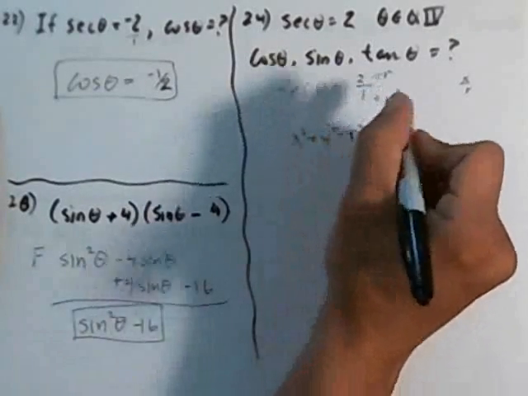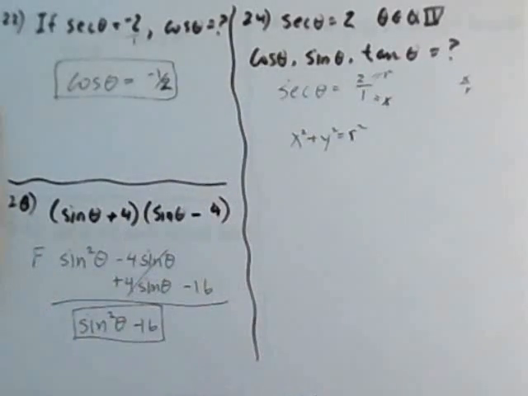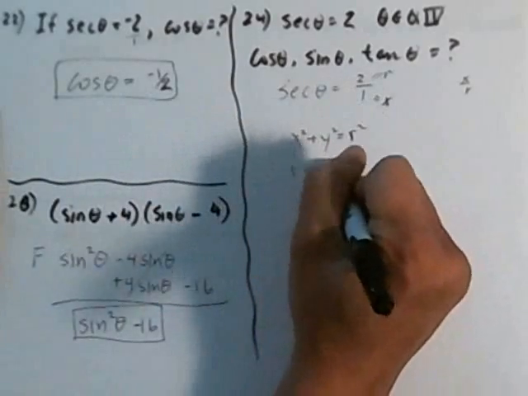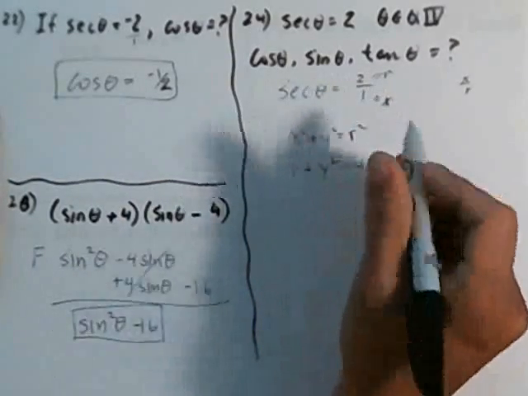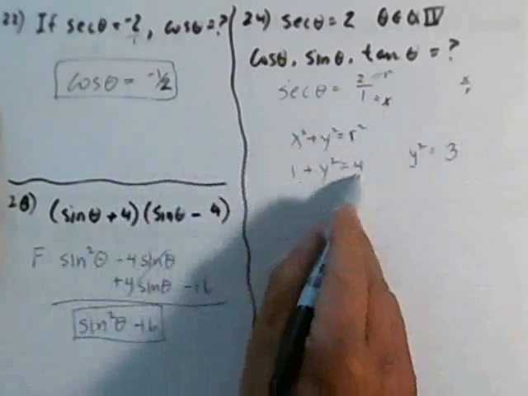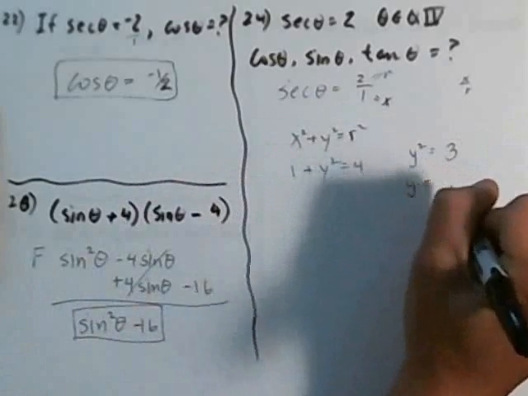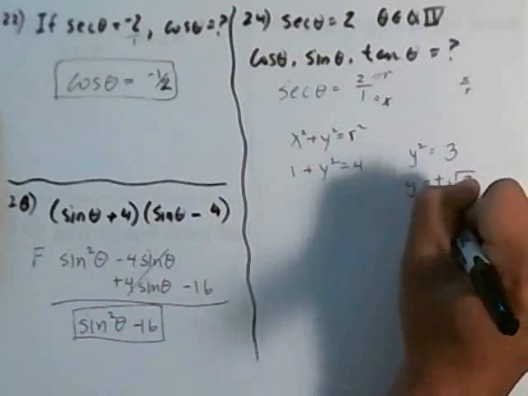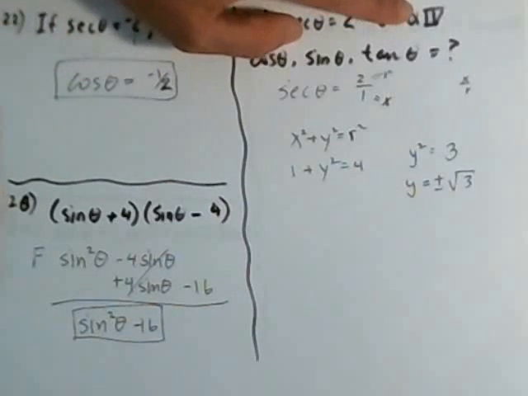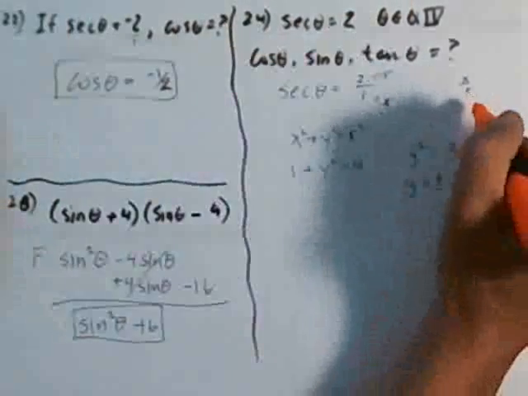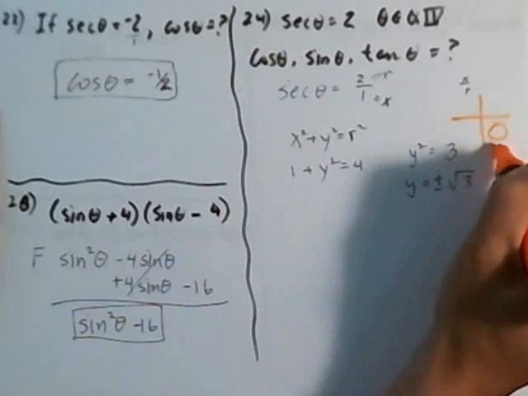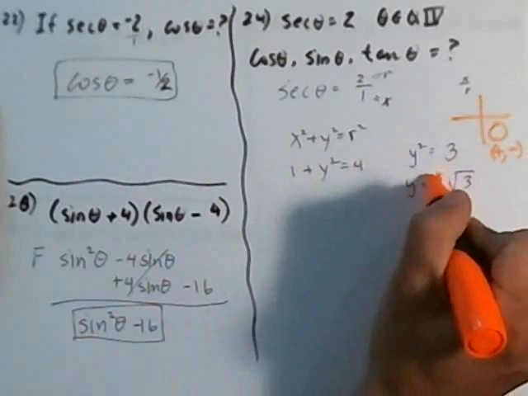X squared is 1 plus y squared is equal to 2 squared, which is 4. And so solving, y squared is equal to 3. I subtracted 1 from both sides. Y is equal to square root of 3, plus or minus again. Now, since the angle theta is in quadrant 4, you know that my x is going to be positive, my y value is going to be negative. There it is. Okay.